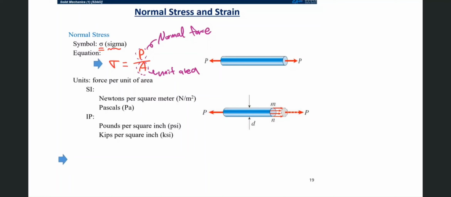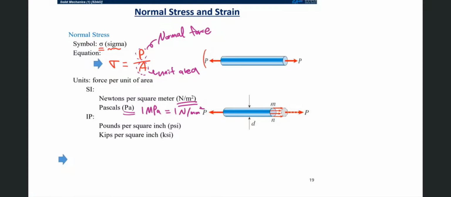So overall, the intensity of a normal force per unit area is termed the normal stress, and it is expressed in units of force per unit area, which means Newton per meter squared. We can also use other SI units such as the Pascal, and 1 megapascal is equal to 1 Newton per millimeter squared.